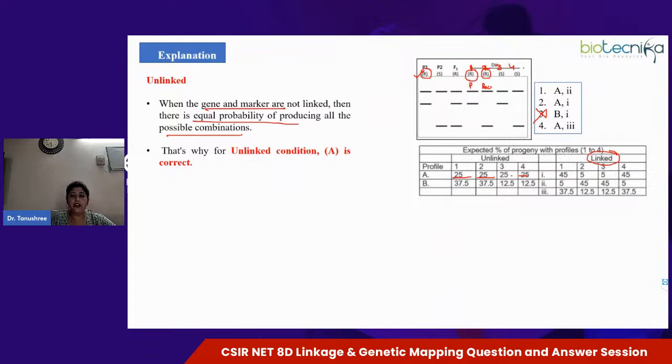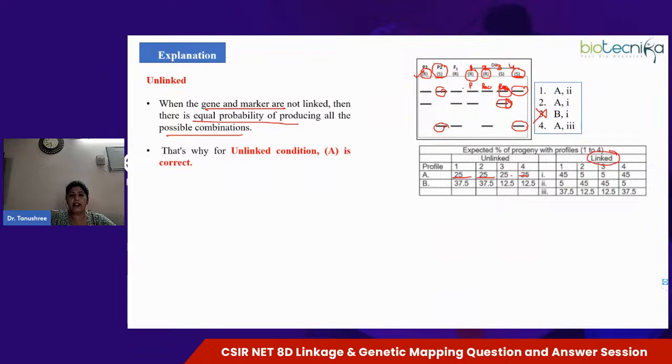Similarly, if we look at 3 and 4, the fourth one is sensitive, so it should resemble parent 2. So it is resembling parent 2. You can see the same gel band profile we are getting here, right? But over here, this is recombinant, because you can see it is not resembling parent 2 exactly.